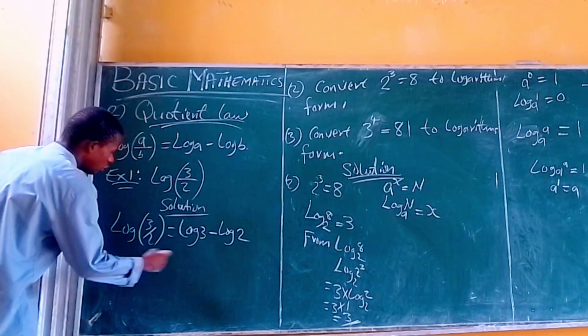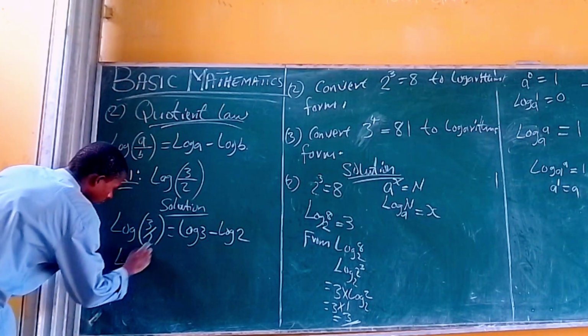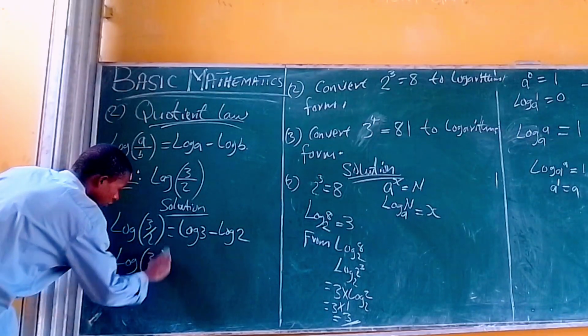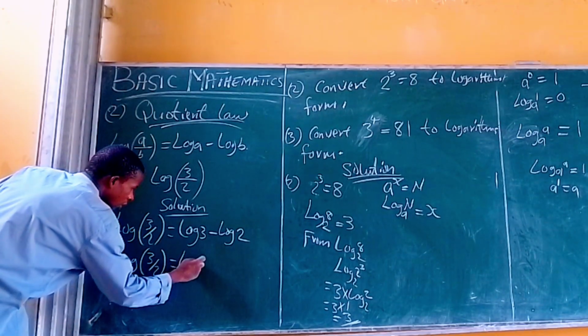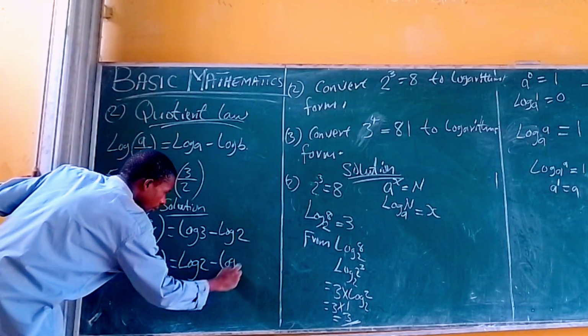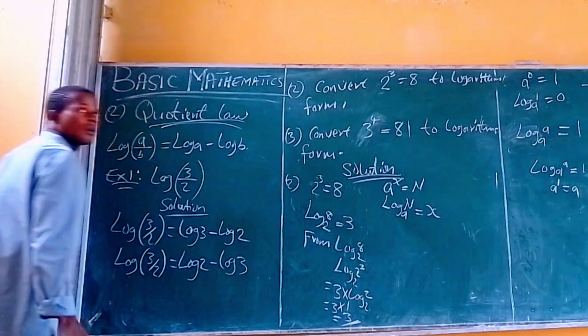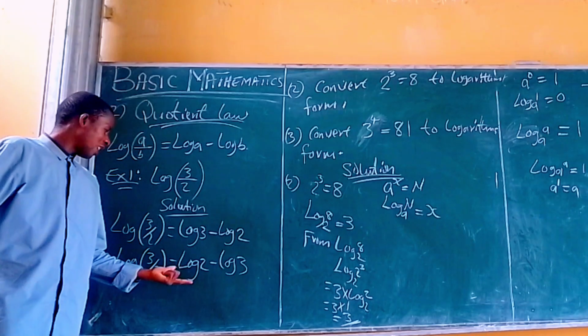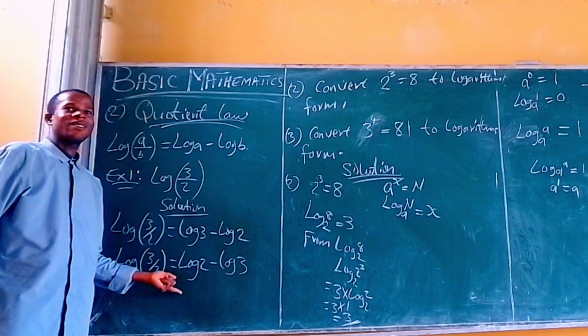Why can't you start from log 2 minus log 3? Why did we not use this one?